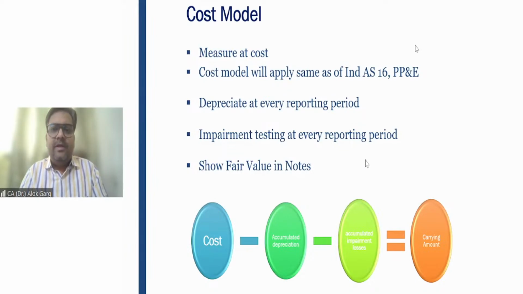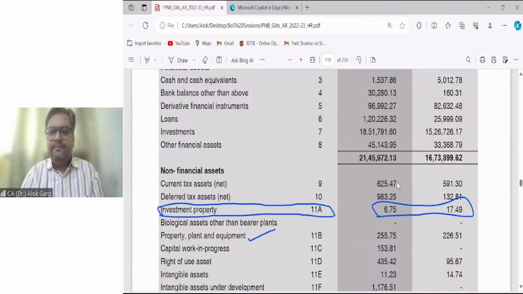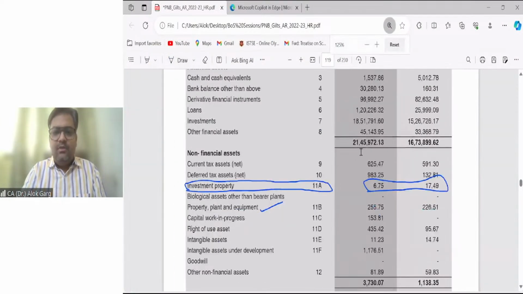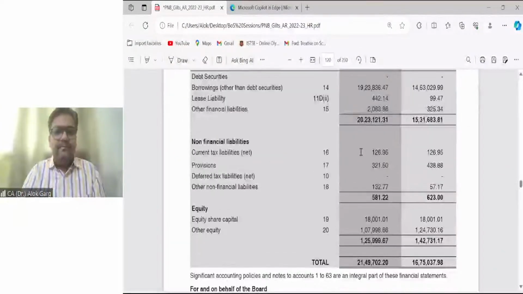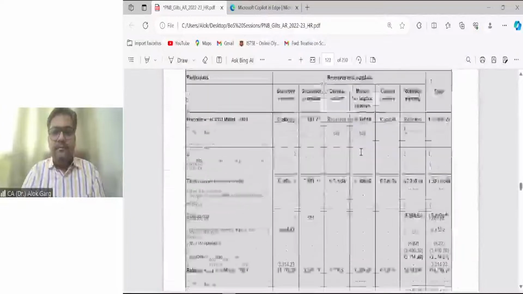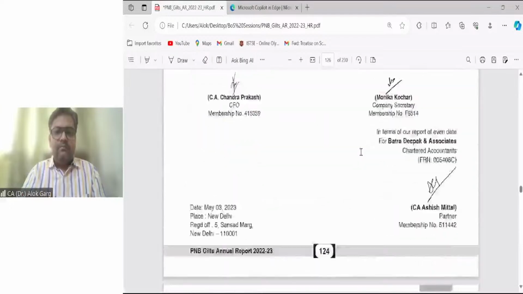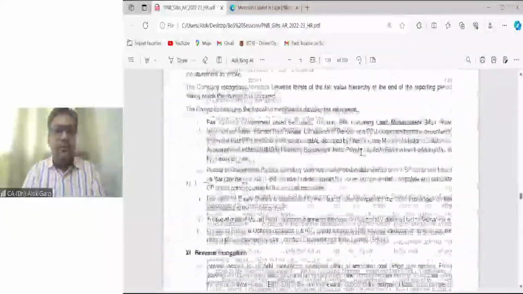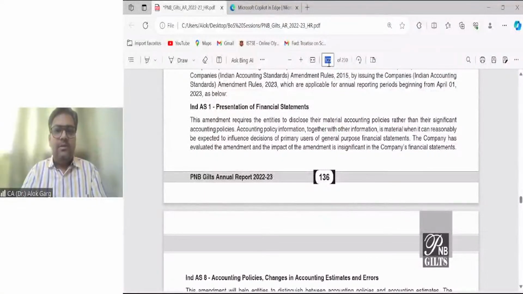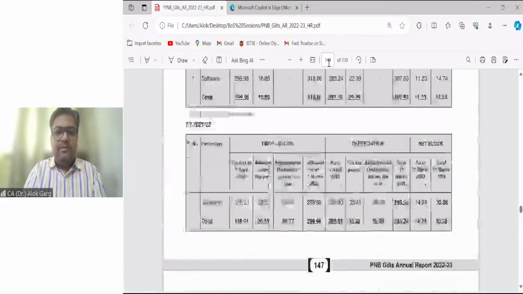Yeah. So students, I am sharing the PNB Guild's balance sheet again. And let me show you this note number 11A, right? The disclosure of investment property I'm showing you.